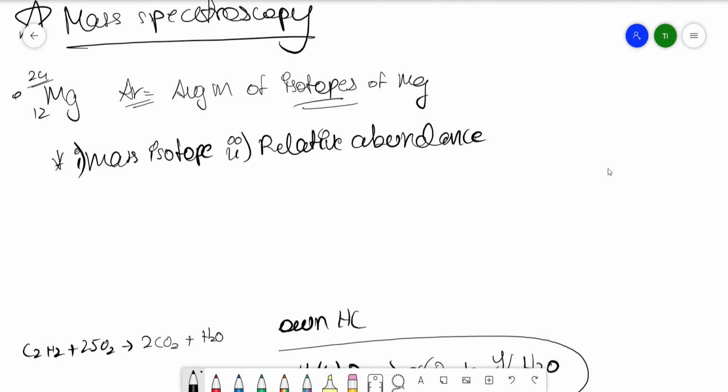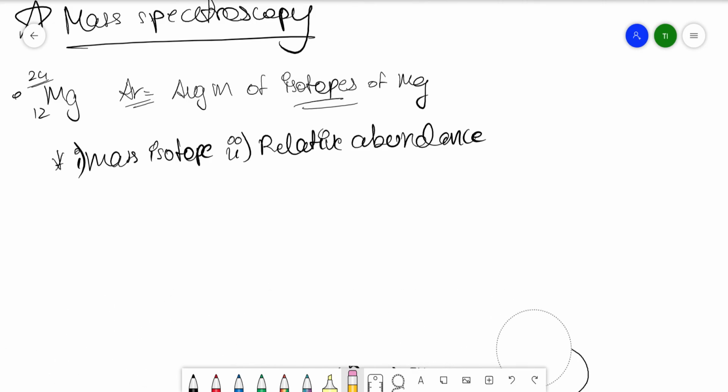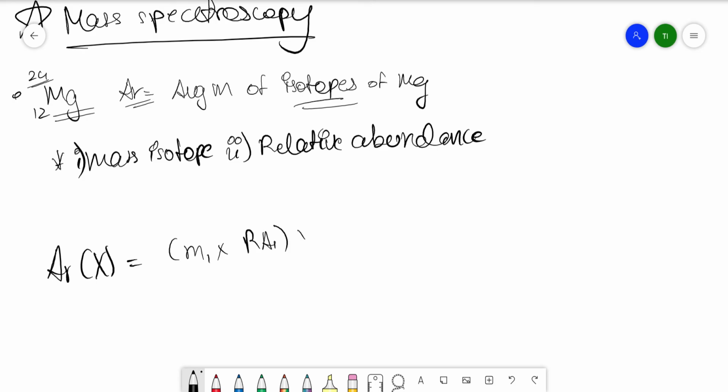Anyway, so we'll continue. So how exactly do you find the average mass or the AR of Mg in this case? Assuming that Mg in general form is X, the AR of X would be calculated by mass 1 times relative abundance 1, plus mass 2 times relative abundance 2 and so on, divided by 100.